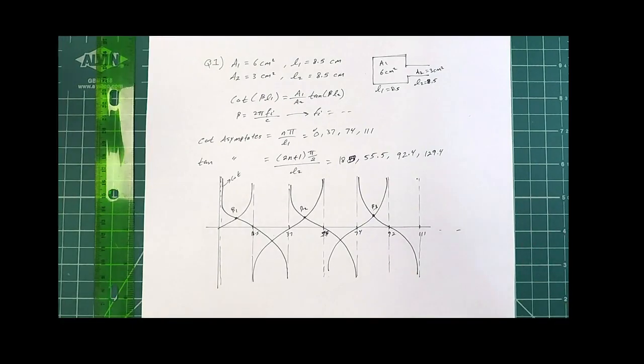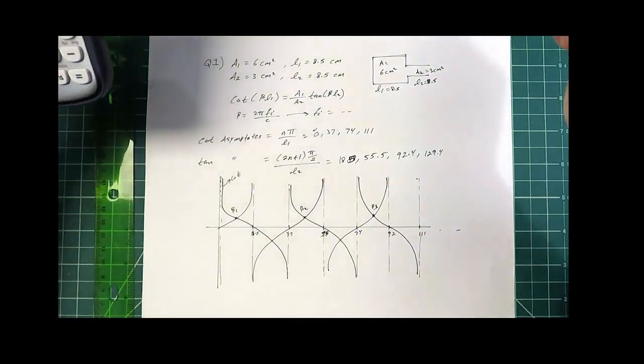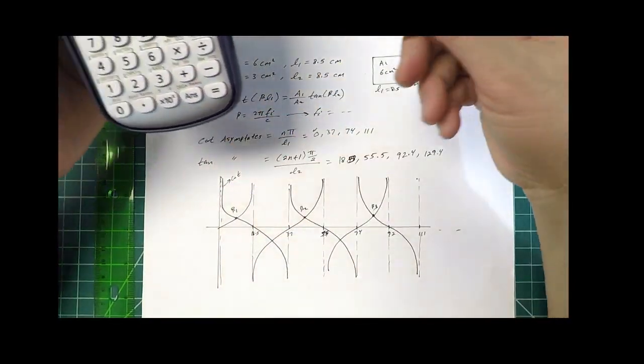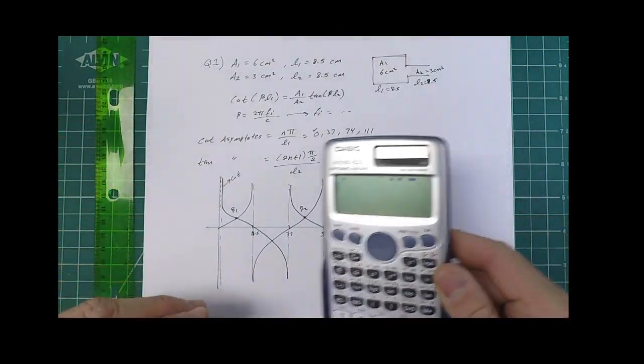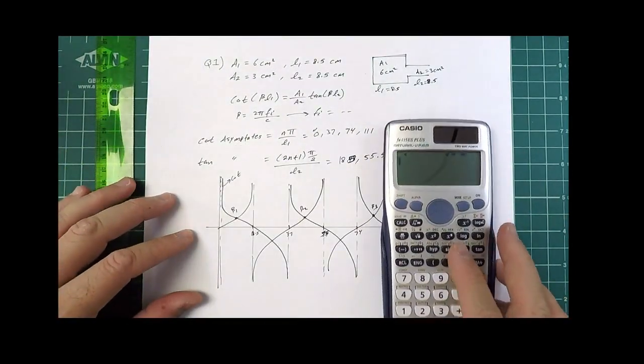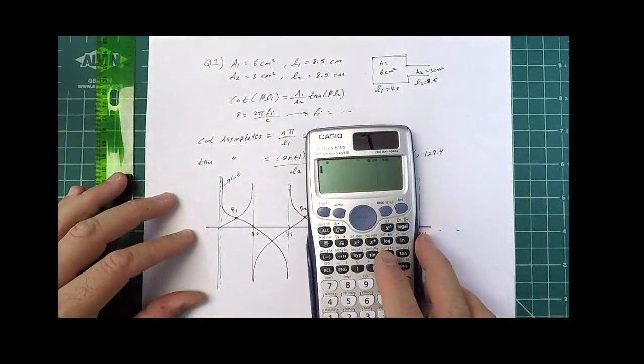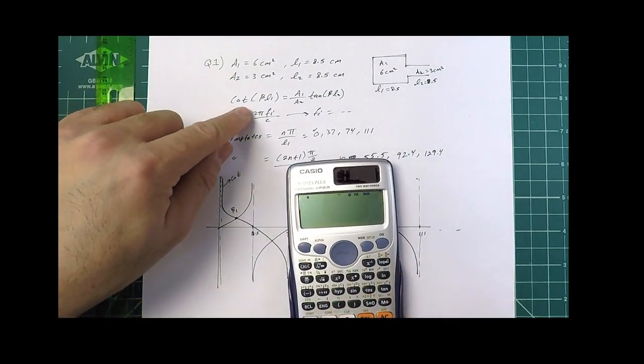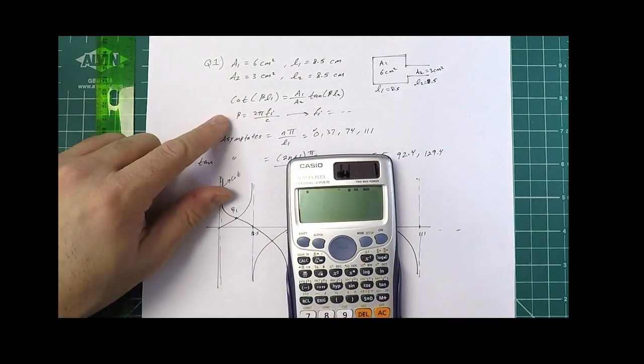So now, how to get these three beta values, beta 1, beta 2, beta 3. I'm going to show you on the calculator here. Okay, let's start with beta 1. We're going to use this formula right here.